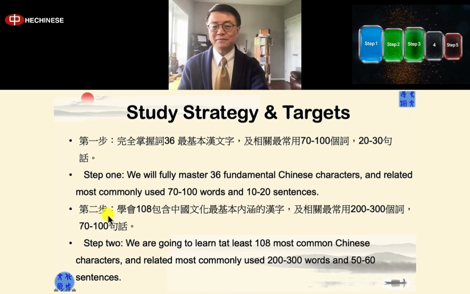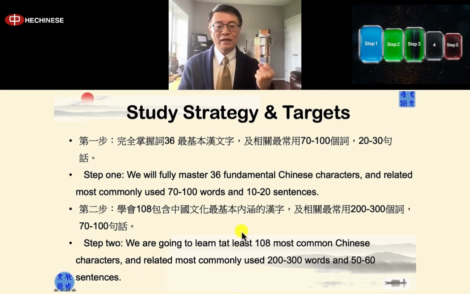Step 2, to learn at least 108 of the most commonly used Chinese characters, which embed the most fundamental Chinese cultural connotations. It's selected. It's not just randomly picked up.